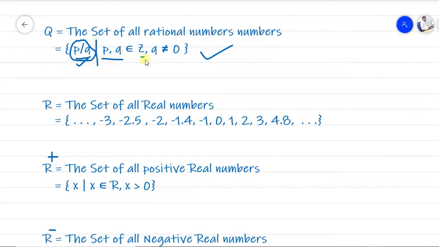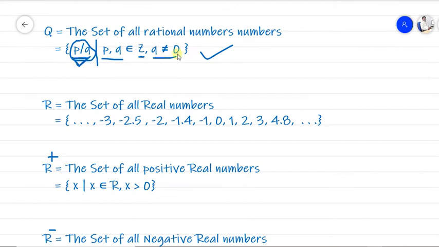Such that p comma q, these two numbers belong to Z, and you know Z is the set of all integers, including positive, negative and 0. But here we have written another condition: q should not be equal to 0. If we divide by 0, we get not defined as an answer.